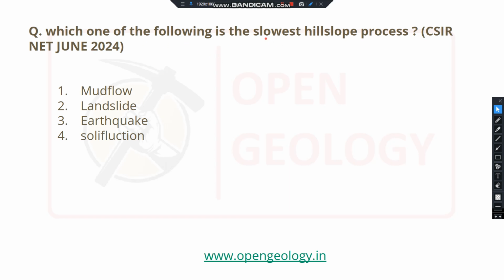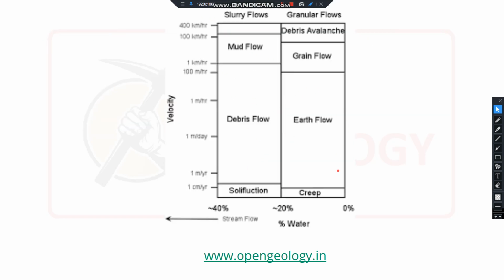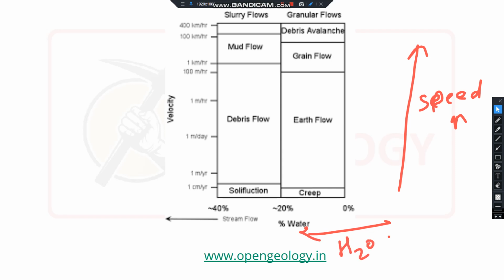Which one of the following is the slowest hill slope process? This is about the mass wasting topic. You all know the very famous table where, if you go upward, the speed increases, and as we go from right to left, the amount of water increases. So the highest speed and the maximum amount of water we call mud flow, and the lowest in speed and the lowest in water, we have the creep.